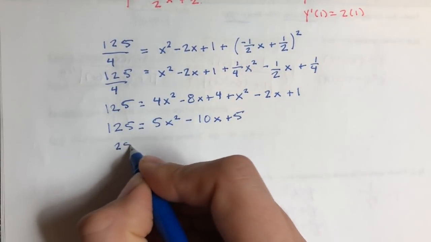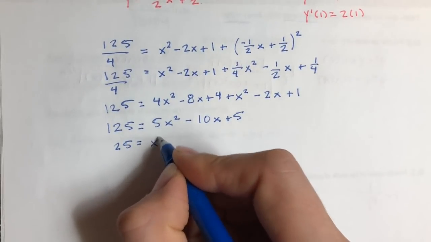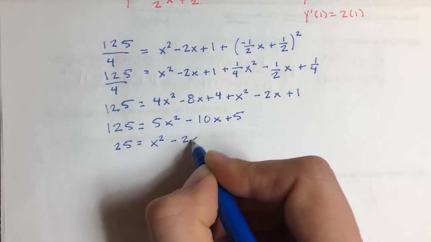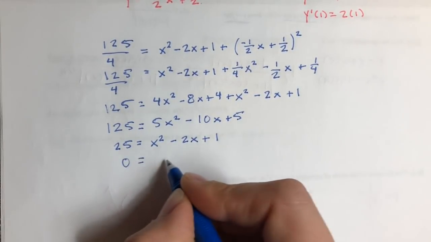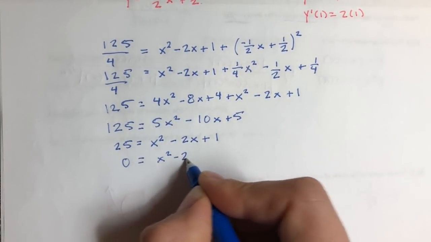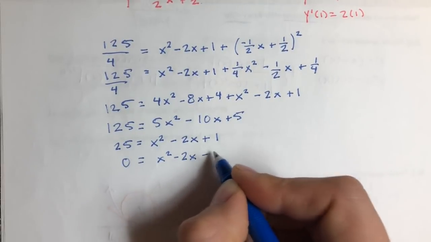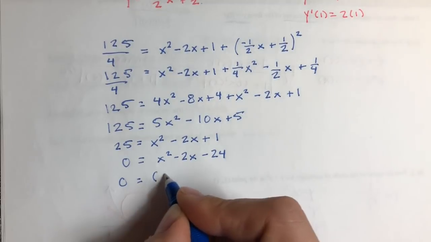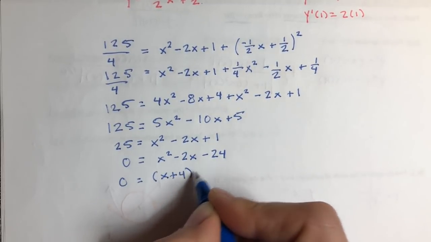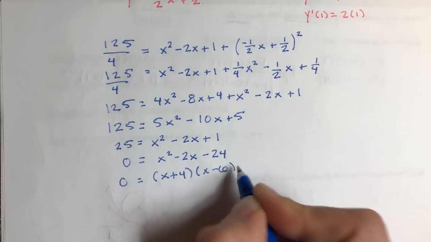I could get 25 equals x squared minus 2x plus 1. So I'll get 0 equals x squared minus 2x minus 24, which is a lot easier to factor. I will get (x plus 4) and (x minus 6).